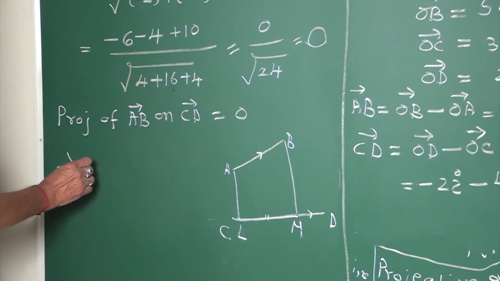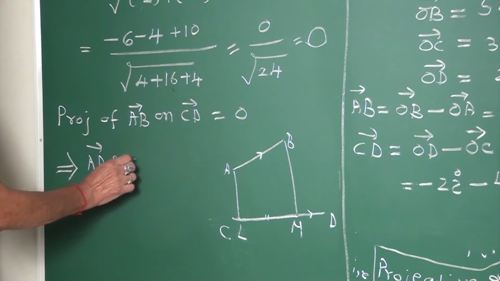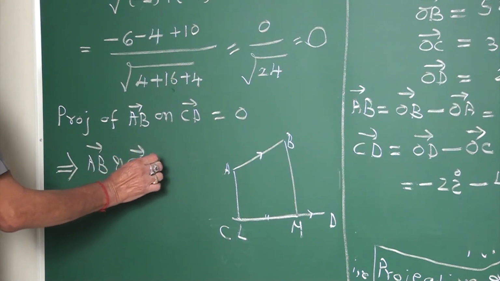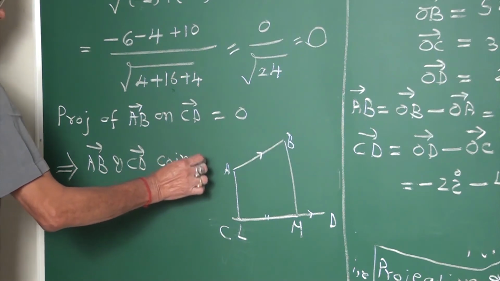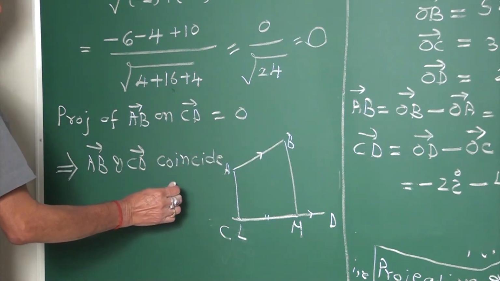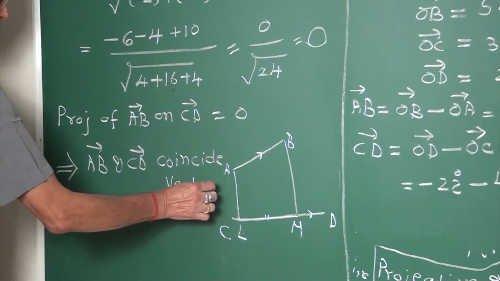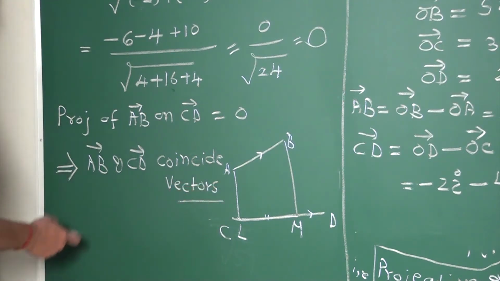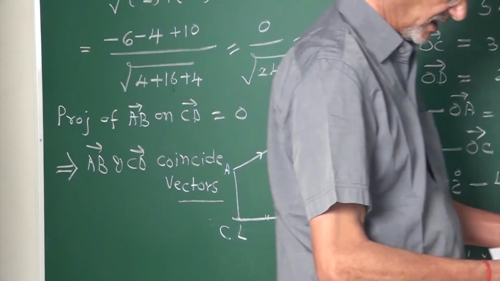Is correct. So vectors AB and CD coincide. They are coincident vectors or collinear vectors. Yes, my friends. This is another example.